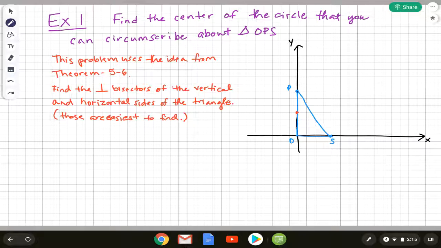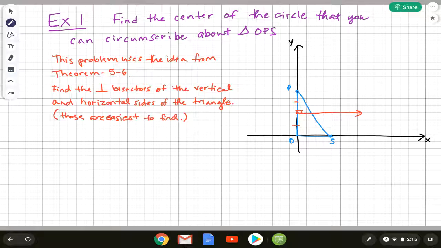Then I want to draw a line that's perpendicular to OP. If it's a vertical line, then a horizontal line would be perpendicular to it. So I would just draw that line. This is a perpendicular bisector of OP. Okay, that's one of them.